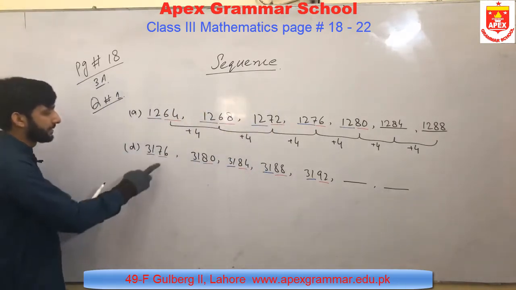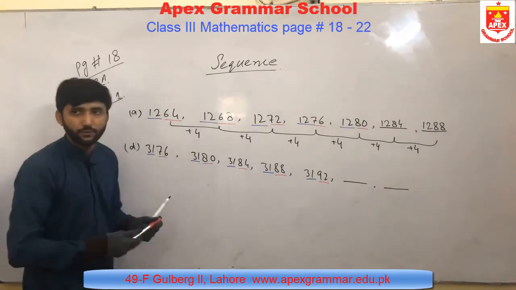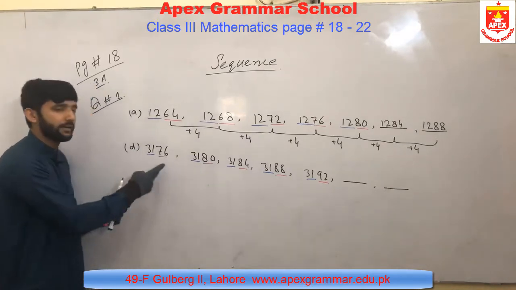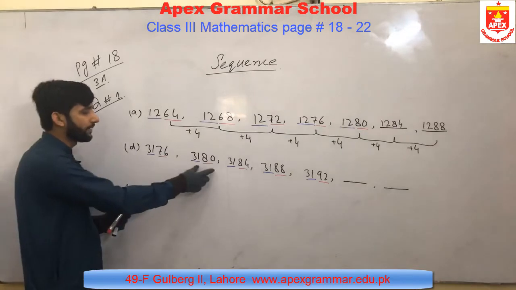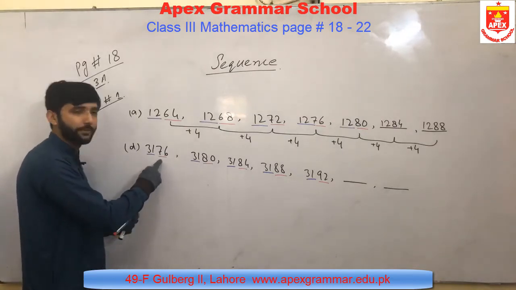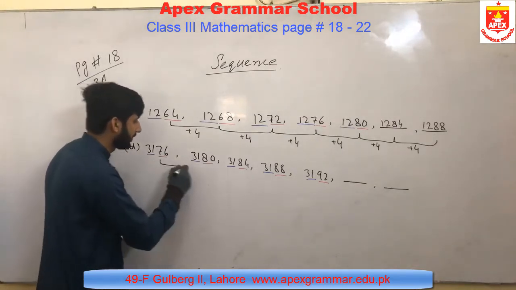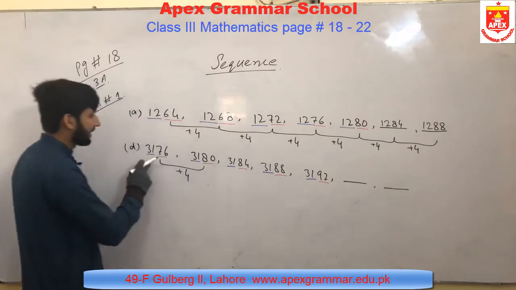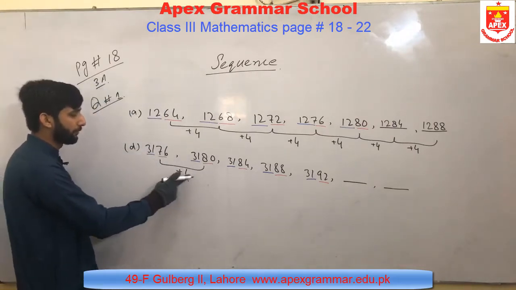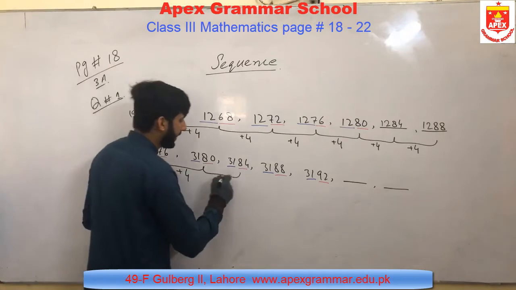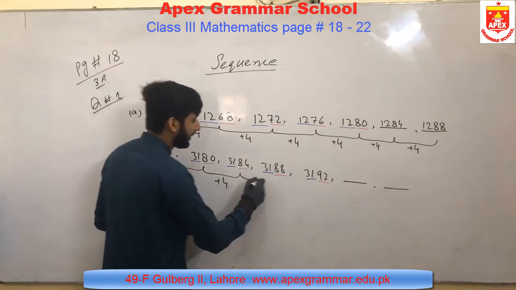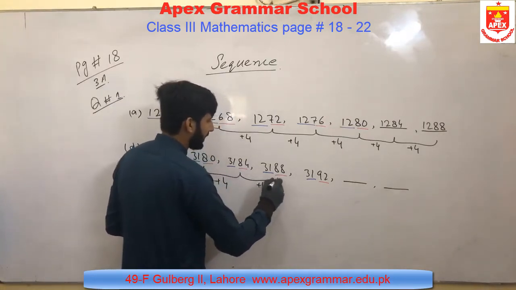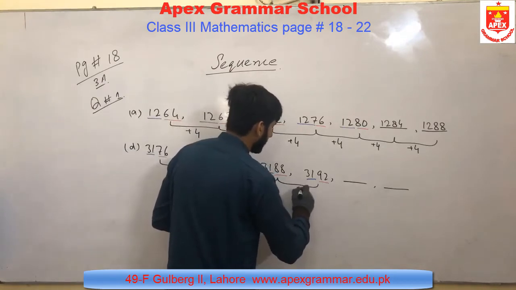If you see 76 and 80, there is a difference of 4 because 80 minus 76 is 4. So to find out the next number, I will add 4 to the previous one. 3176 plus 4 equals 3180. Then again plus 4, 84. Then again plus 4, 88. Then 92.